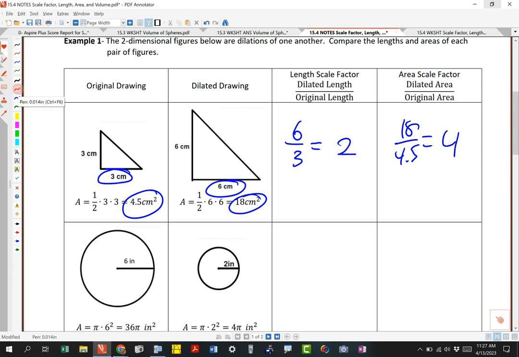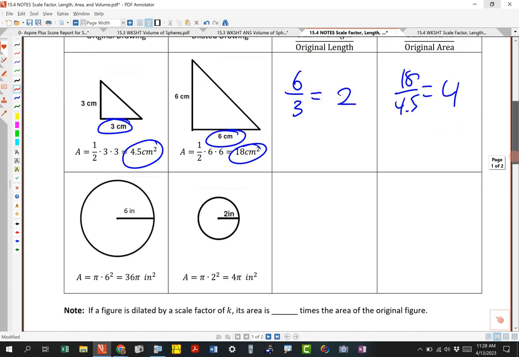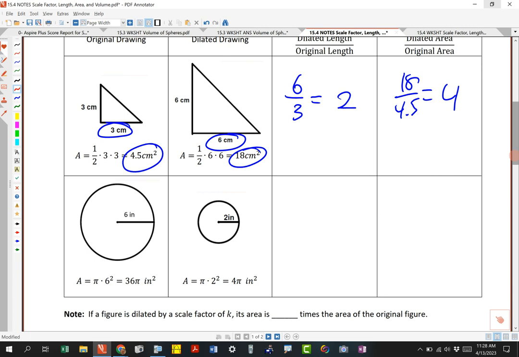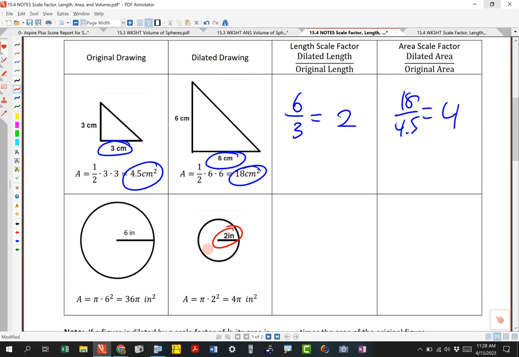Okay, now, do not say anything out loud. We just want to look at this and figure out what's going on. For this next one, we're going to take the ratio of the lengths. So it's the dilated length, the new one, divided by the old one. So that's going to be 2 divided by 6. We end up with 1/3. Please don't say anything out loud.